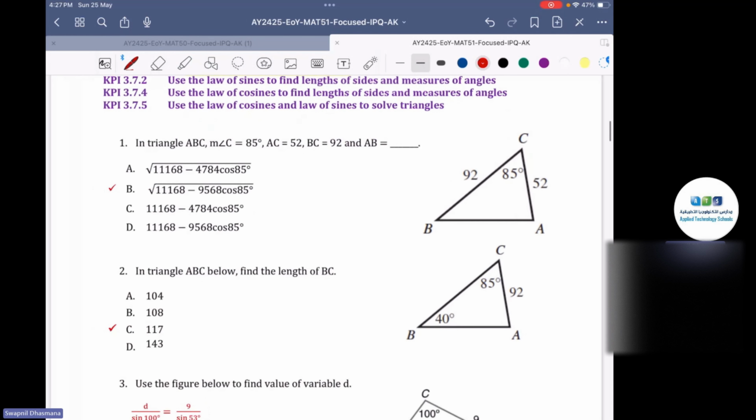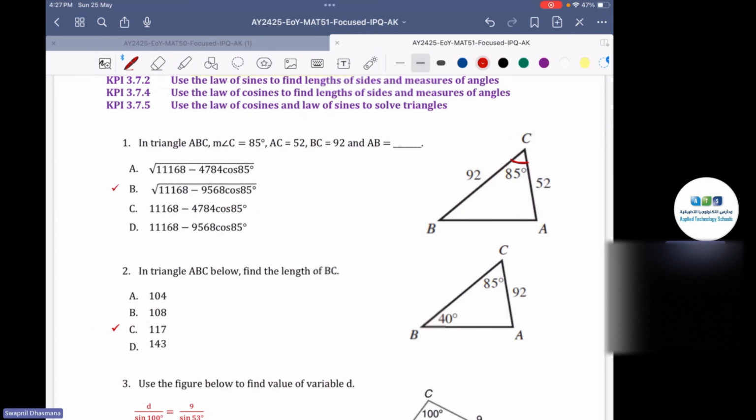Now example, if you're talking about 85, the side opposite to it becomes like x. So you'll write x squared equals 92 squared plus 52 squared minus 2 times 92 times 52 cosine 85.